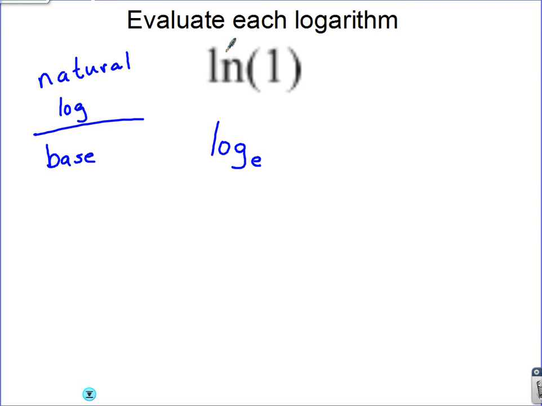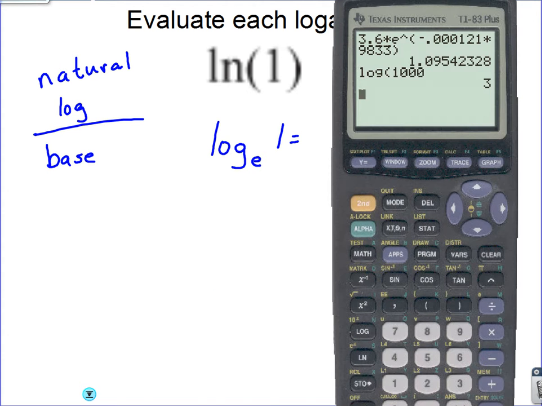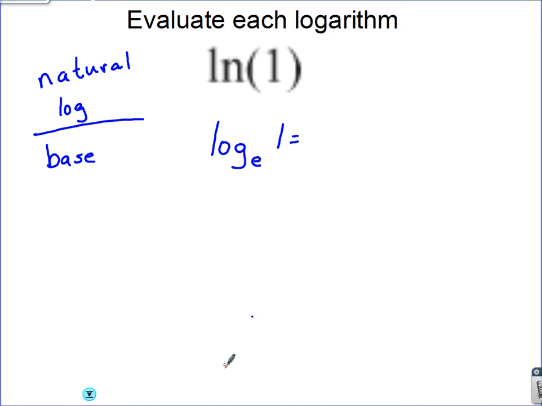So this problem is the same thing as saying log base e of 1, which we can do in our head, but you don't have to. Look, there's an ln button. Your goal for mathematics, and this was my goal in college, is to know what all those buttons mean. You got so many buttons on that calculator. Hey, we've knocked a lot out this year, right? Today, just today, we've knocked out those 2. Look right above ln. You see now why that e to the x is right above ln.